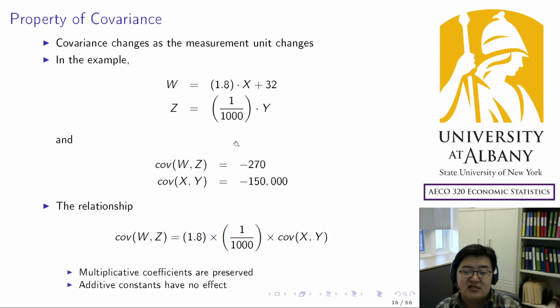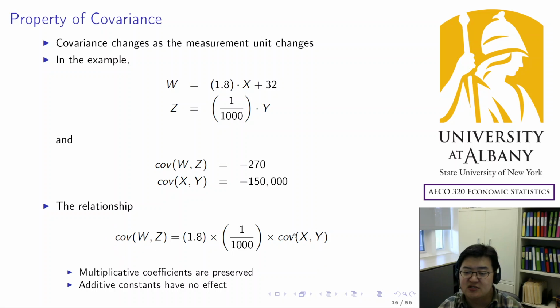So then what's their effect? Those linear relationships can be reflected in those covariances. The original covariance, the first covariance we calculated, was minus 150,000, and the second covariance was minus 270. Seemingly they are not related, but actually they are related.